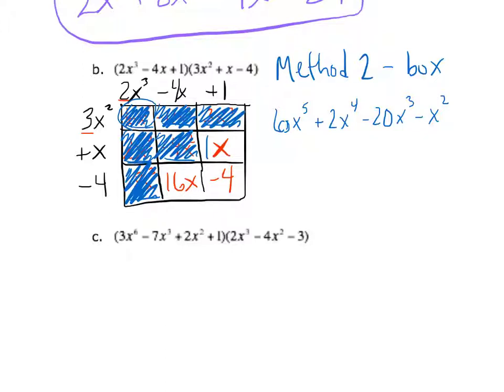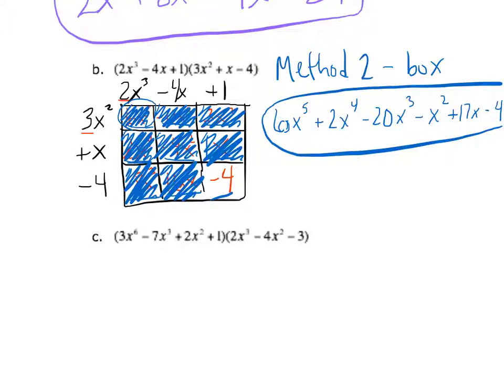This is like a 1x, so 16x and 1x is 17x. You're just adding here, and then minus 4. And that would be your final answer.